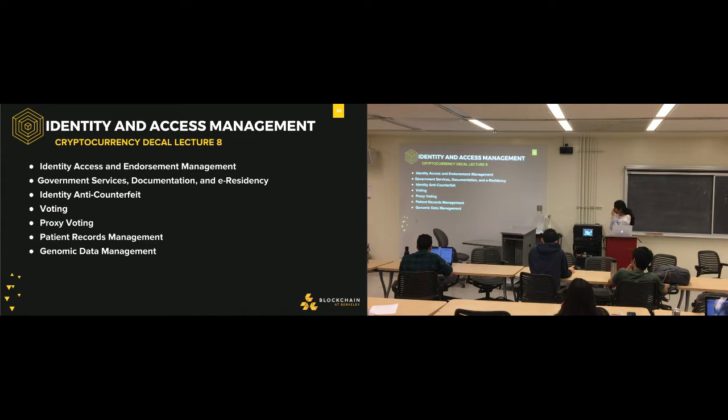Other use cases of blockchain are for voting or proxy identity and anti-counterfeit. All this is possible because blockchains are immutable. Now, Don will talk about some of the very important platforms in blockchain.